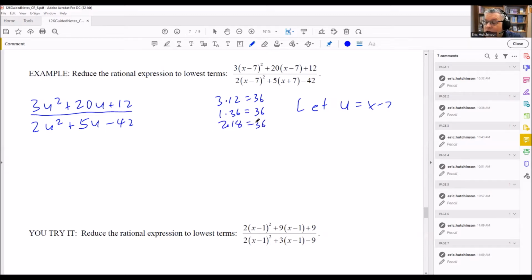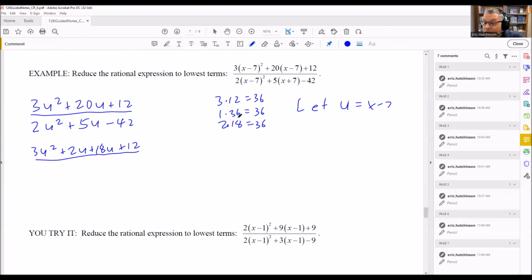That's the one we want, because 2 times 18 is 36, and 2 plus 18 is 20. So I'm going to rewrite this as 2u plus 18u plus 12. All we're doing is rewriting the middle term in terms of 2u and 18u, and it simplifies back to the same thing we started with.